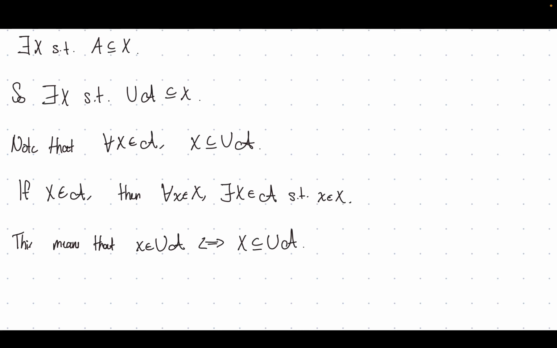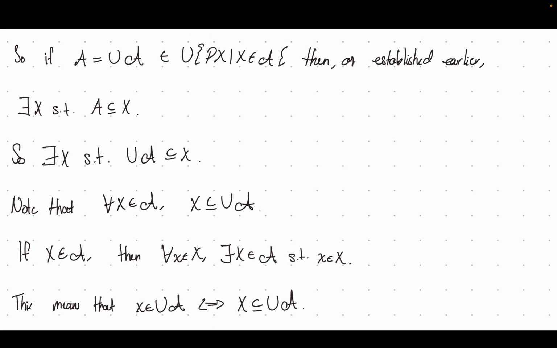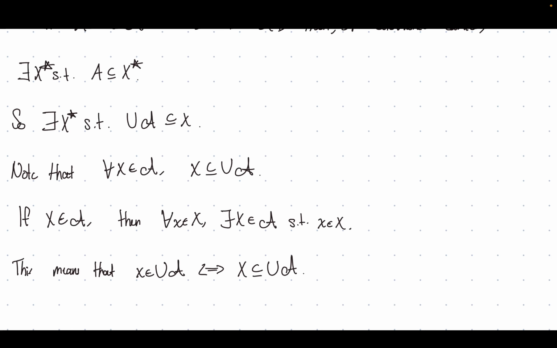So now, coming back to my argument, as we established, there exists some X star, I should have done this starting earlier, such that the union of script A is a subset of X star.